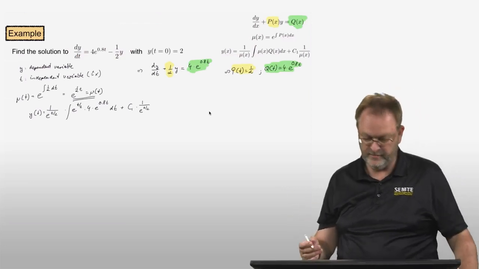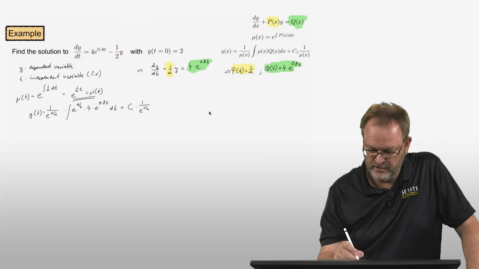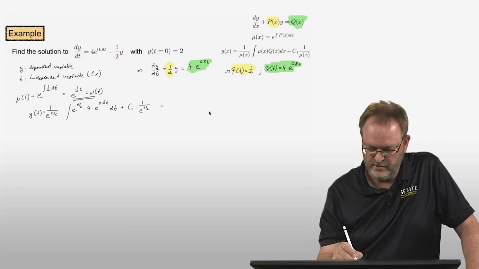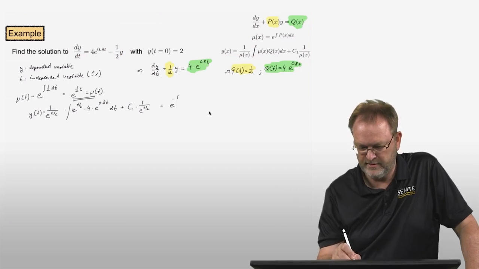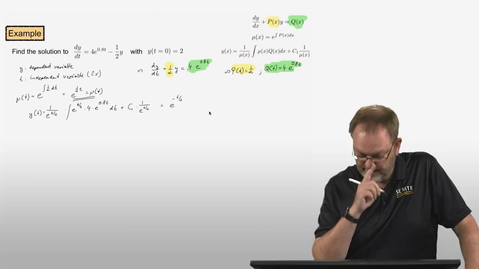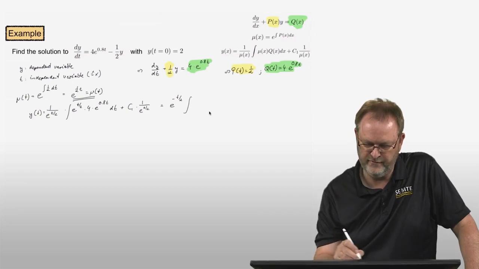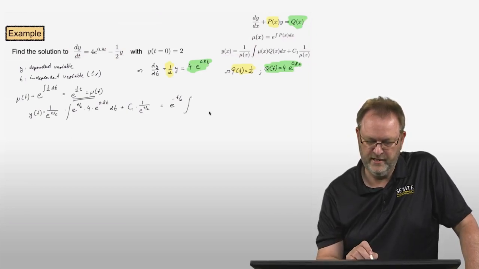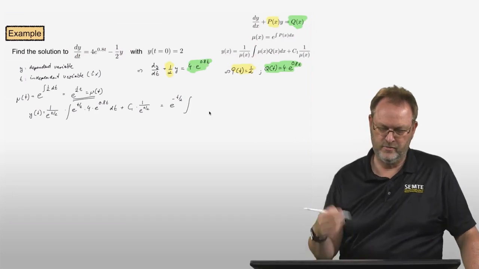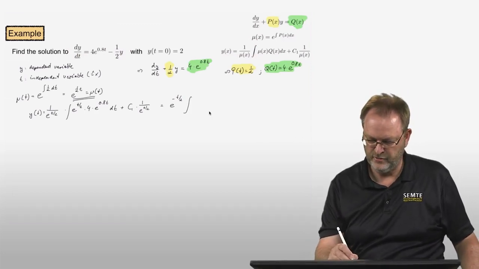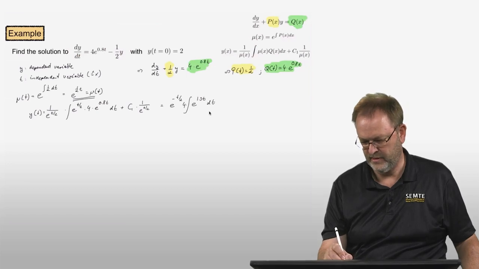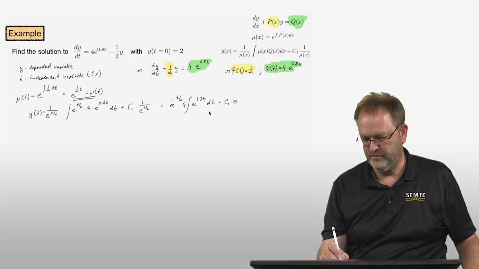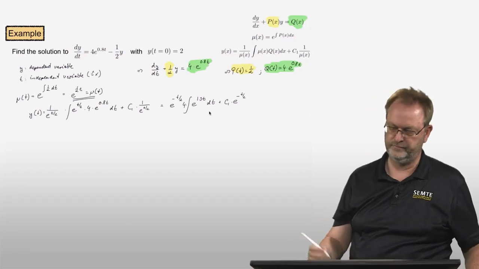And in order to determine this, I have to do this integral. So first I have, up front, e to the power minus t over 2 times this integral of 1/2 t and then 0.8 t, that's 1.3 t. So the 4 I can pull up front. So e to the power 1.3 t dt plus c1 times e to the power minus t over 2.